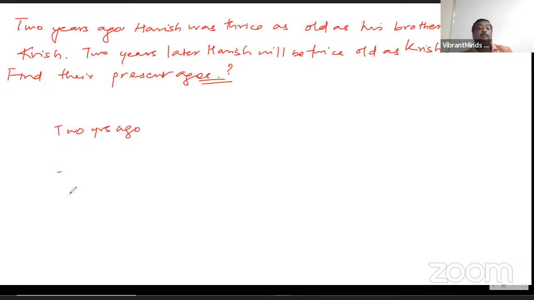Now see, we have two scenarios. 2 years ago and 2 years later. Now let's assume Harish and Chris. Today, Harish is of H years, Chris is of K years. 2 years ago, it will be what?